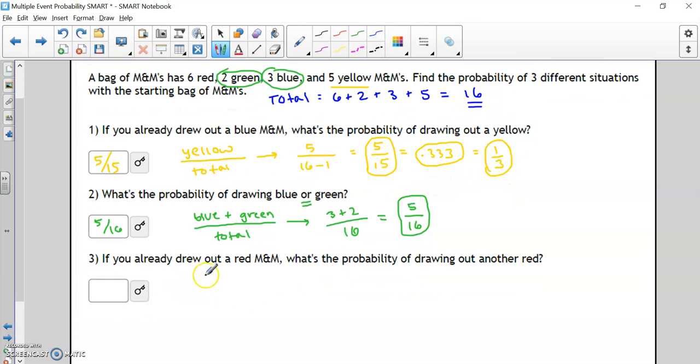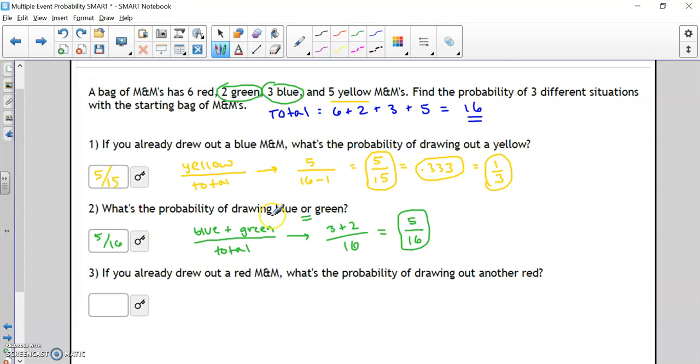Last one, if you already drew out a red, what's the probability of another red? Okay, this is kind of similar to a problem we did on the last one, and it's also kind of similar to number 1 over here. So now we are dealing with red probability. Okay, but here's the thing we have to be careful of. Originally, there were 6 reds, but we took 1 out.